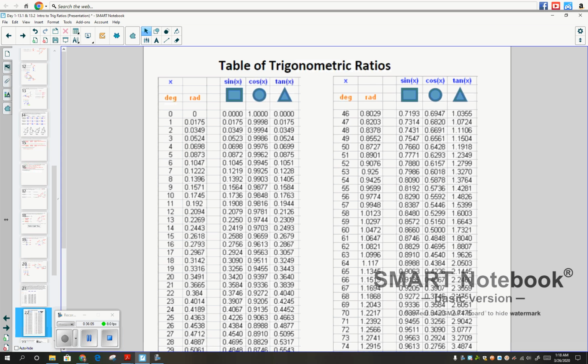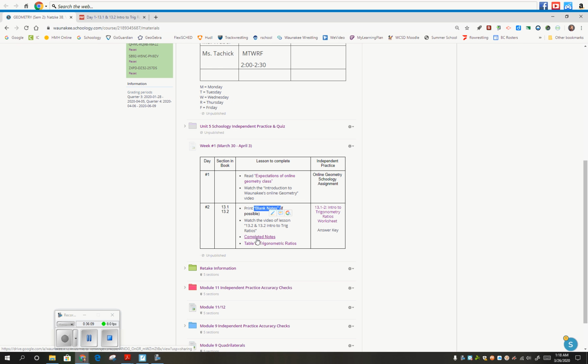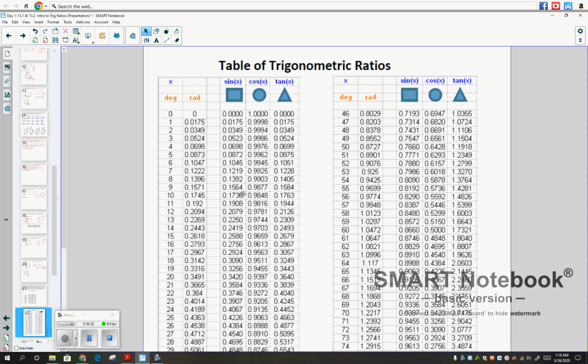If you go to Schoology, where it says table of trigonometric ratios, you can get this to print it off. As you do your assignment later on today, it is going to ask you to look at that table, so you'll need to at least open it up and take a look at it. Answer some questions in your assignment.